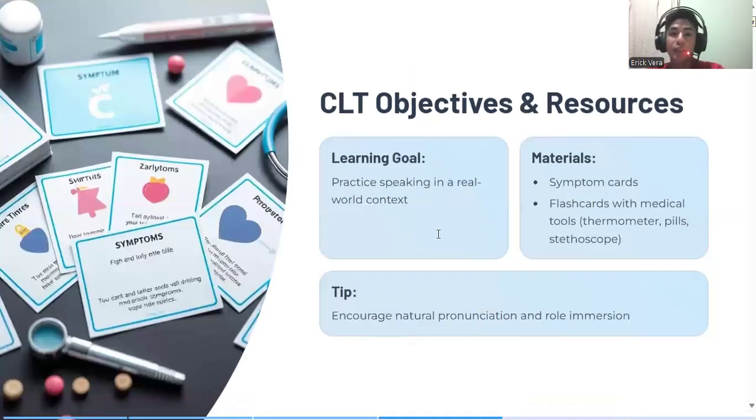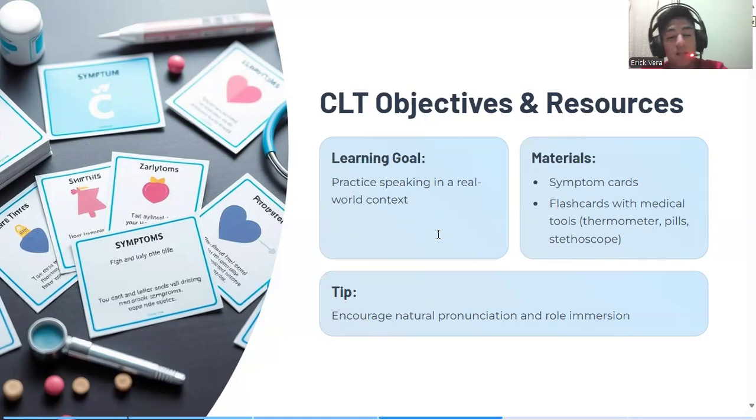The CLT objective and resources in this activity is to practice the speaking skill, as I mentioned before, in real-world contexts. The materials are symptom cards using visual supports like headache, stomach, sore throat, chills, cough, and so on, and flashcards with medical tools: thermometer, pill, and stethoscope.